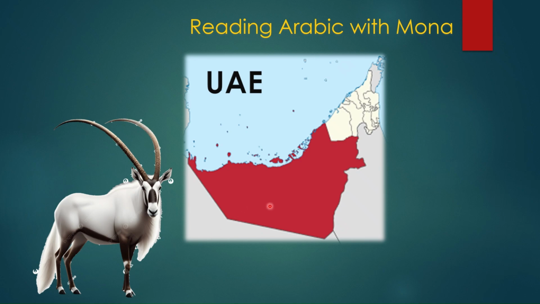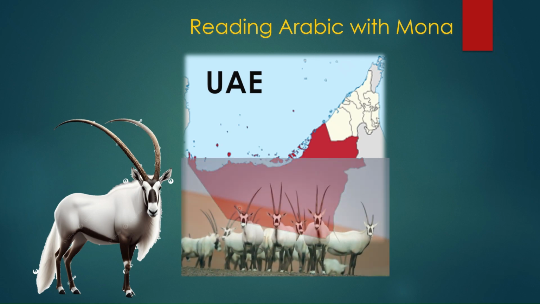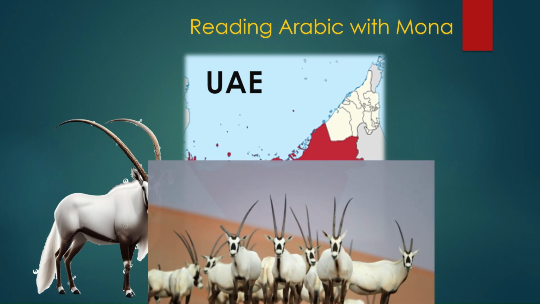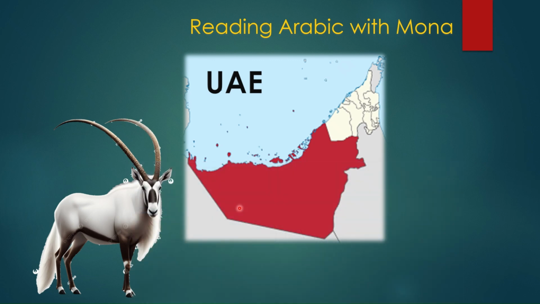Actually, Abu Dhabi is named after this famous animal because this is a common animal found a lot in this area of the Arab Peninsula. So it is basically named after being the land of the Dhibaa. The Dhibaa is the plural of Dhabi. So this is why it is called Abu Dhabi.